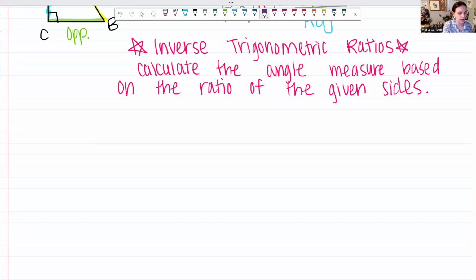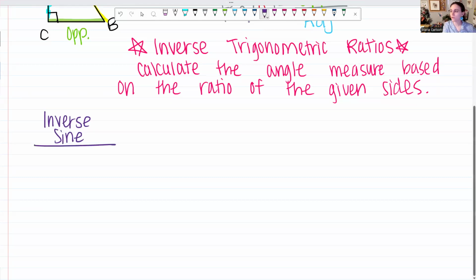The first one I'm going to talk about is the inverse sine. A lot of times the notation we see is sine to the negative first power, or cosine to the negative first power.